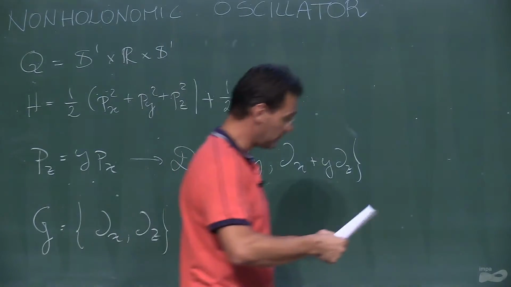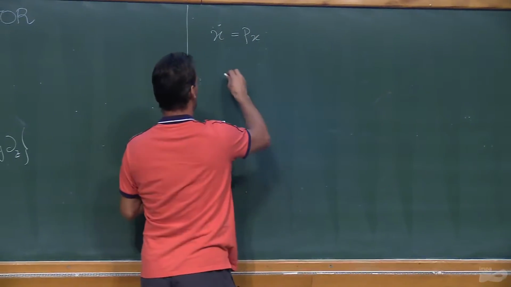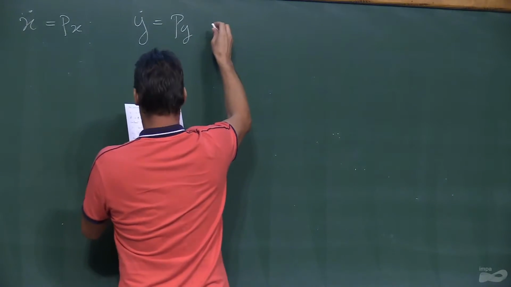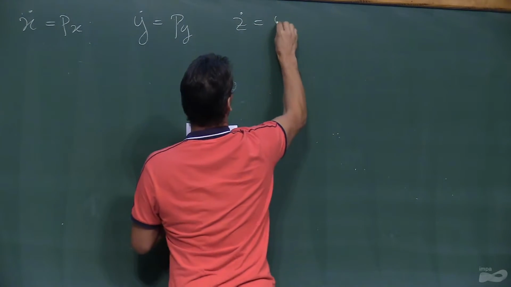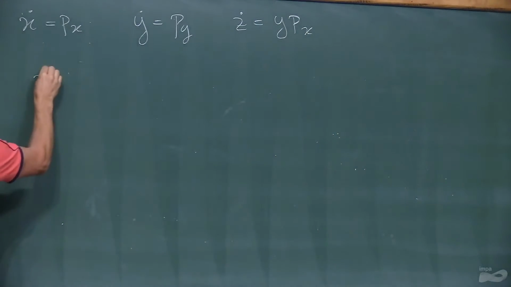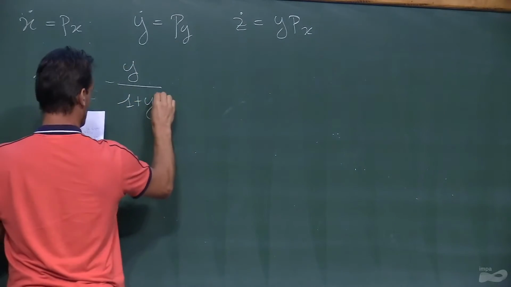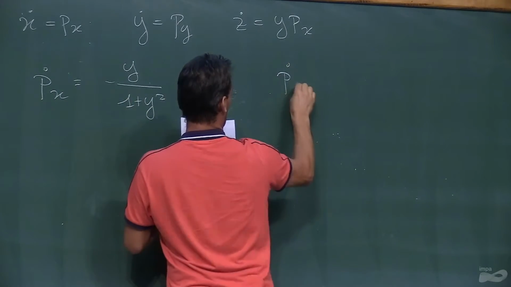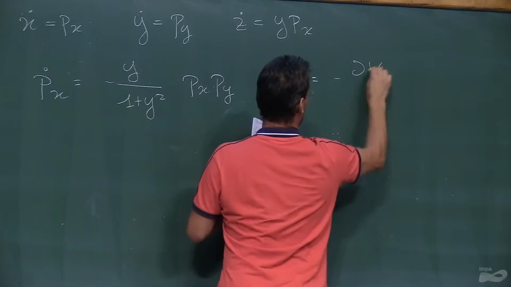Now, I write the equation of motion. We can write it in many ways, but it's just an exercise using the Lagrange equation. So x dot equal px, y dot equal py, zeta dot is exactly the constraint, y px, and then p dot x is equal minus 1 over y squared px py, and p dot y is equal, okay, I wrote it here in this way because the situation is quite general.